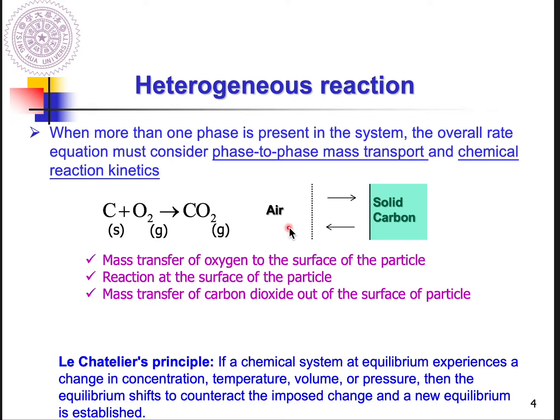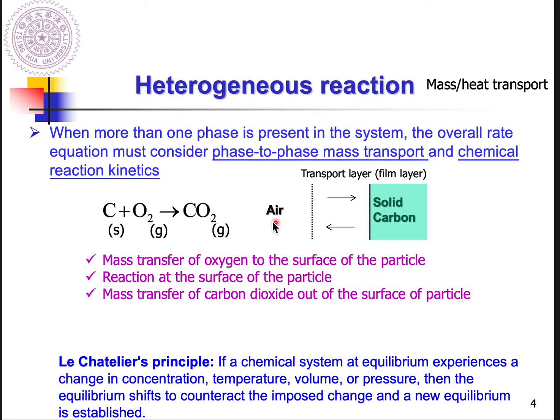If you want to consider the overall rate equation for this heterogeneous reaction, you need to consider that the oxygen molecules need to be transported to arrive at the surface of the solid carbon, right?